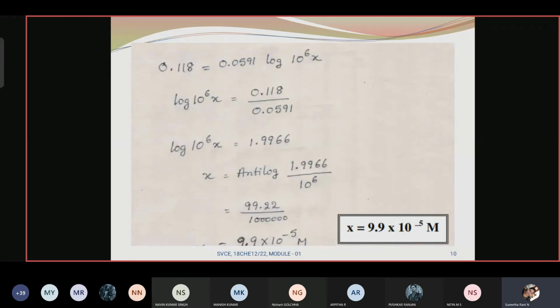All are getting the same answer or different?